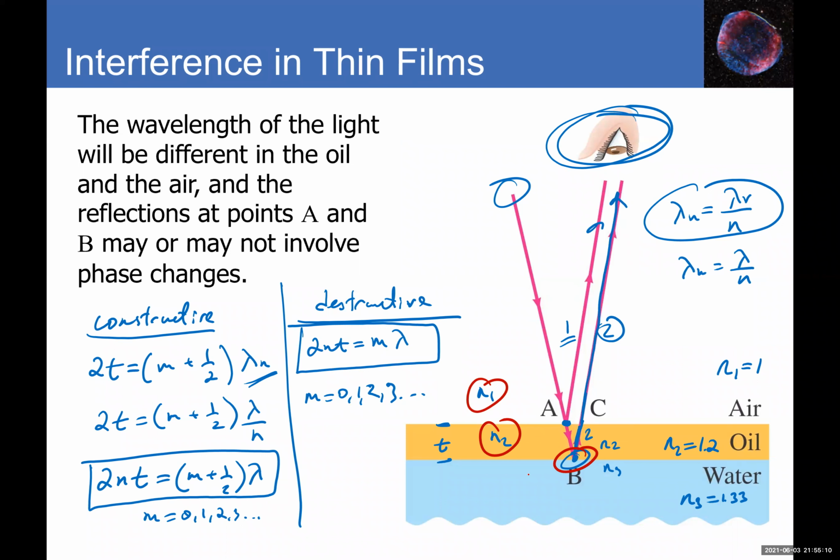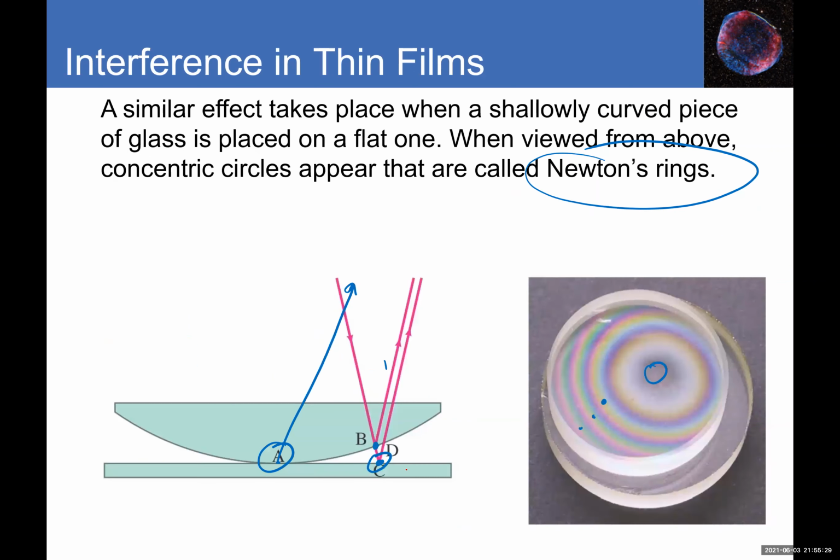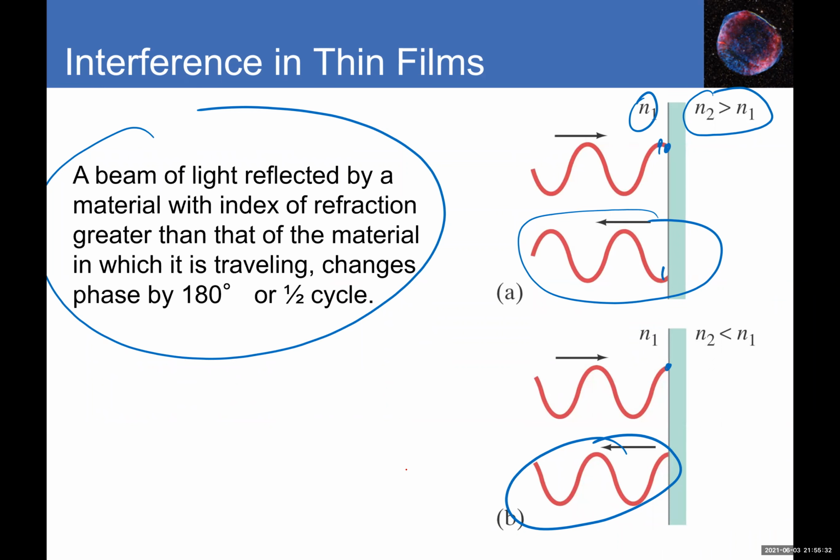That means what equation should I use over here? Well, 2t equals m lambda over n. This equation is for the constructive, and the other one for the destructive, because I have two reflective phase changes. Remember, when n2 is greater than n1, you have a phase change, so the reflected light is out of phase.